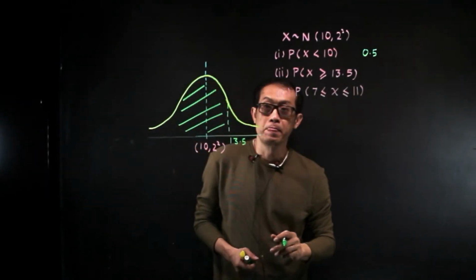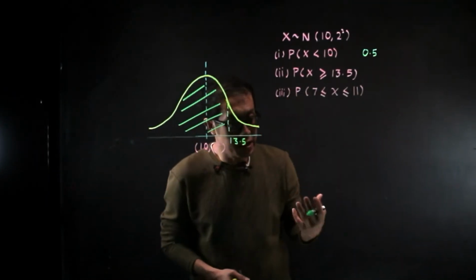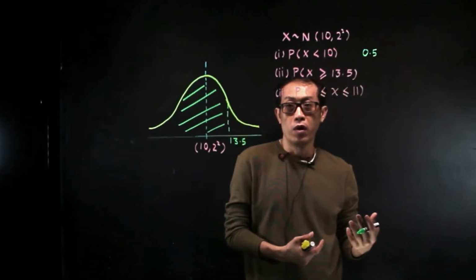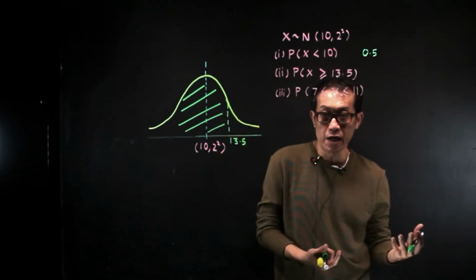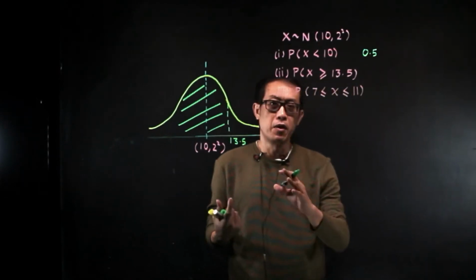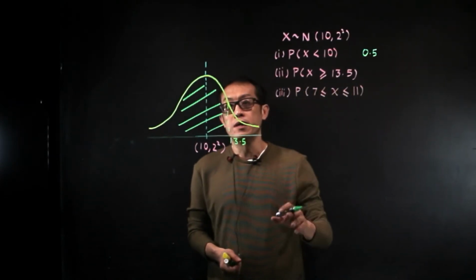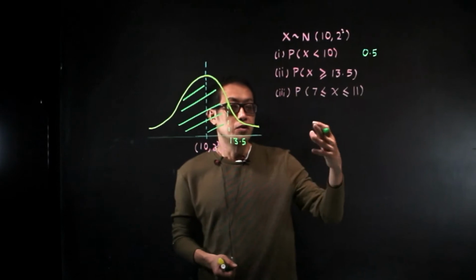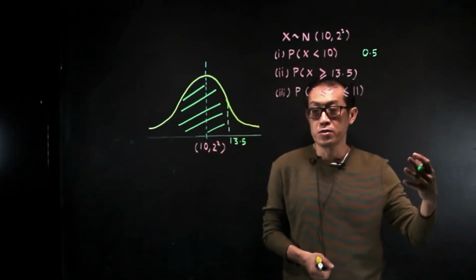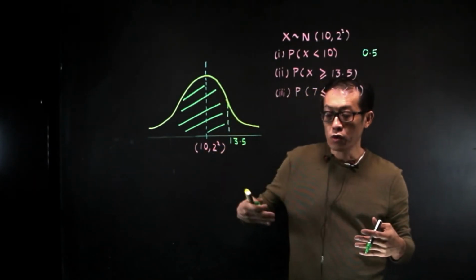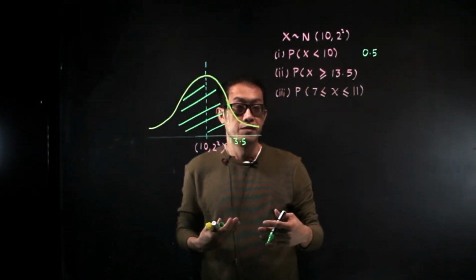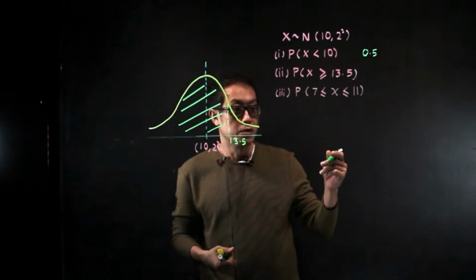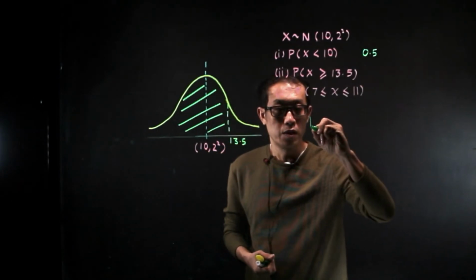Now, if you use the GC, the TI-84, I'm talking more about the TI-84. If you're in the IB, you are using the TI-Nspire model, but it's more or less the same. Go to your stat distribution, look for normal CDF, and press normal CDF. Let me just write it down.